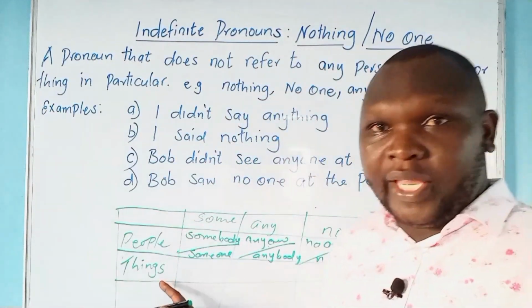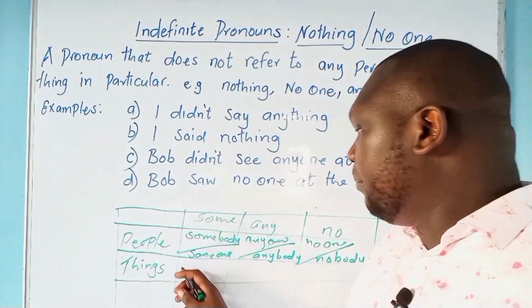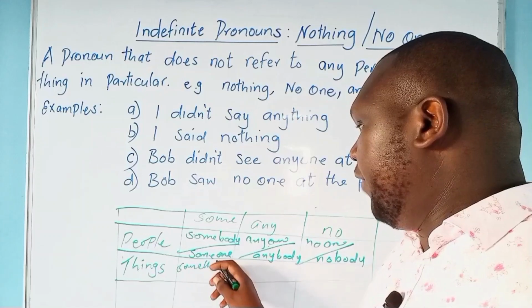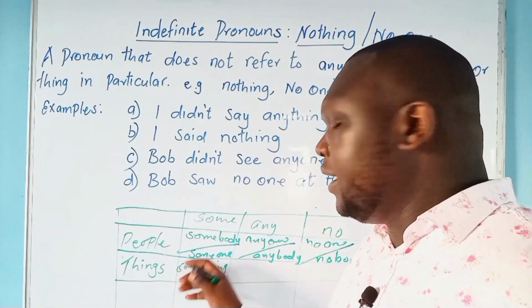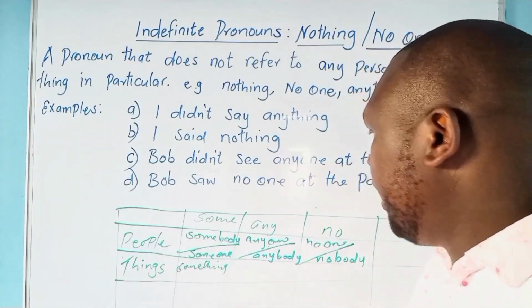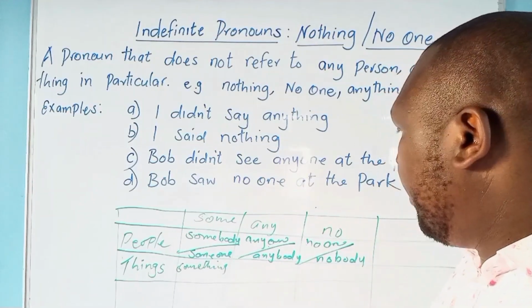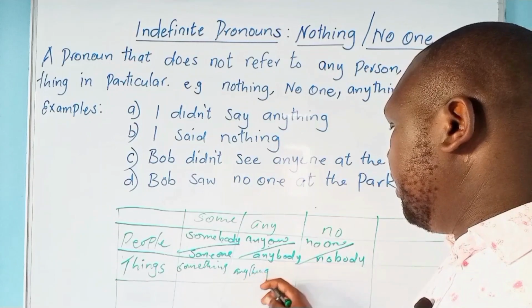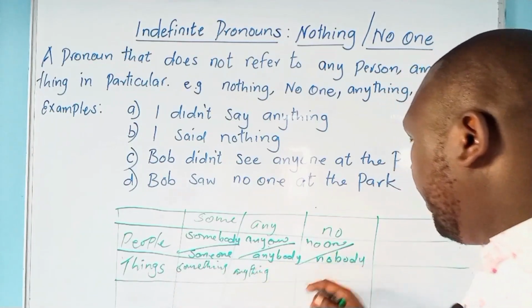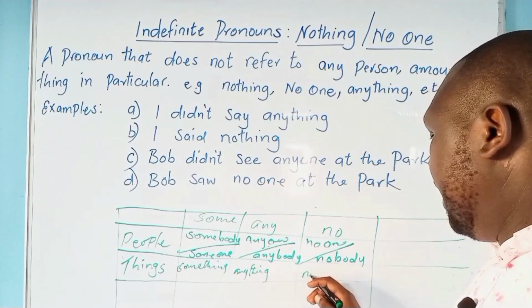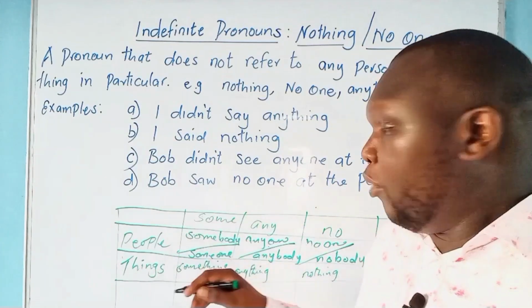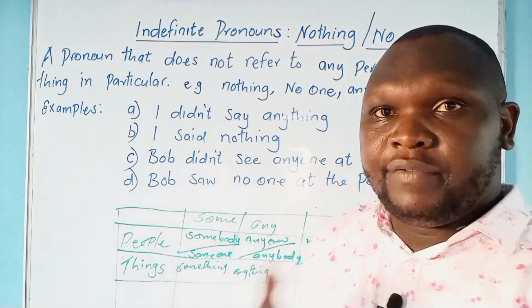Now let's come to things. We have some, we can say something, very good. And here any, we can say anything. We have no other option. And here no, we can say nothing. This is just an example of how to form the indefinite pronoun.